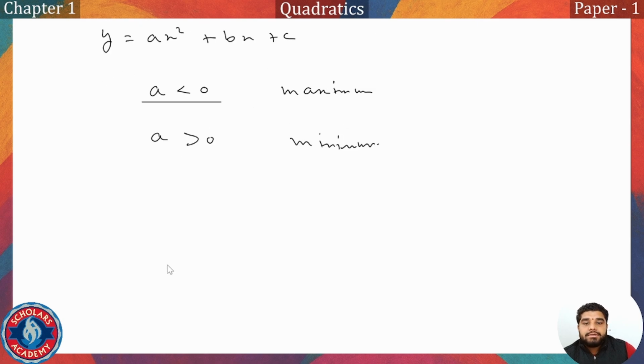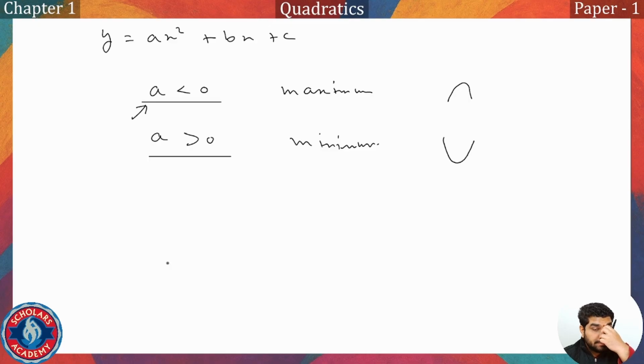Simple points: whenever the value of a is negative, it means the shift is negative. Shift negative means earlier the curve was increasing, after that particular point the curve starts decreasing. If the shift is positive, the curve was decreasing, and after this point the curve starts increasing.